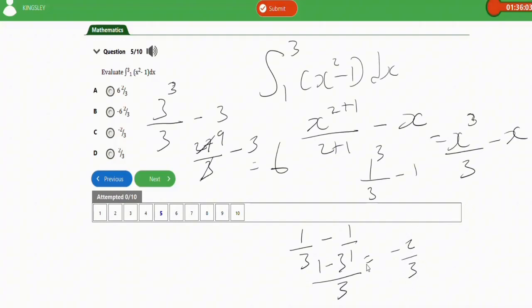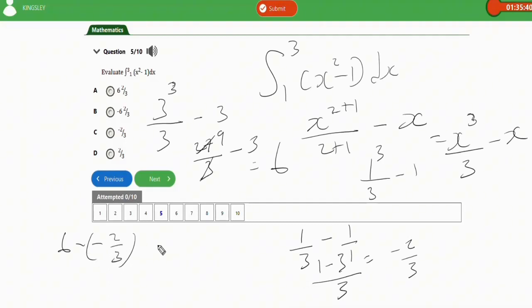At this juncture, subtract the output of the lower limit from the upper limit. So this will give us 6 minus, remember, we have minus again, 6 minus minus 2 over 3.